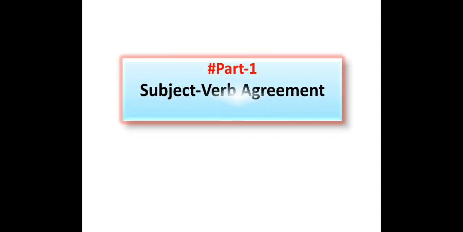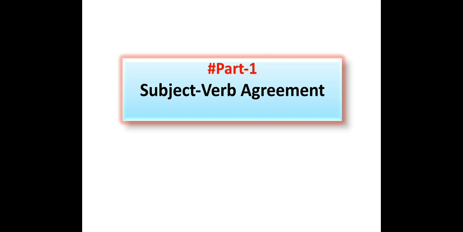And I'll explain very important grammar rules in detail with examples. If you watch this tutorial carefully, then I'm sure that you'll be able to find any kind of grammatical error very quickly, whether you speak in English or write in English. So please watch this tutorial carefully and don't miss it. Okay, so let's begin, and today's topic will be subject-verb agreement.